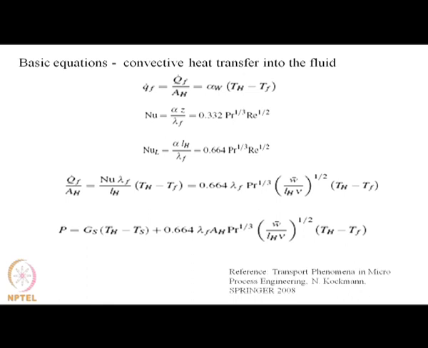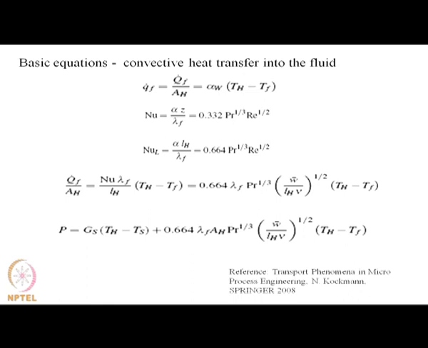I have collected the equations from there. So, what you see first is the heat loss to the fluid. Th minus Tf is the driving force, and alpha is the heat transfer coefficient.